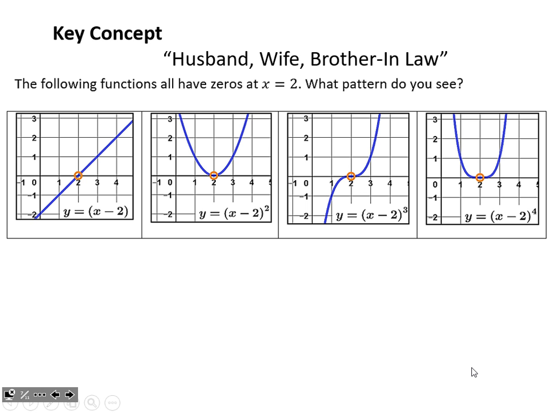The first one, y equals x minus 2, and we can think of that to the first power. And so we get the solution x equals 2 one time. So the degree was 1 on that. And so we have a graph that just passes right through. It crosses right through the x-axis.